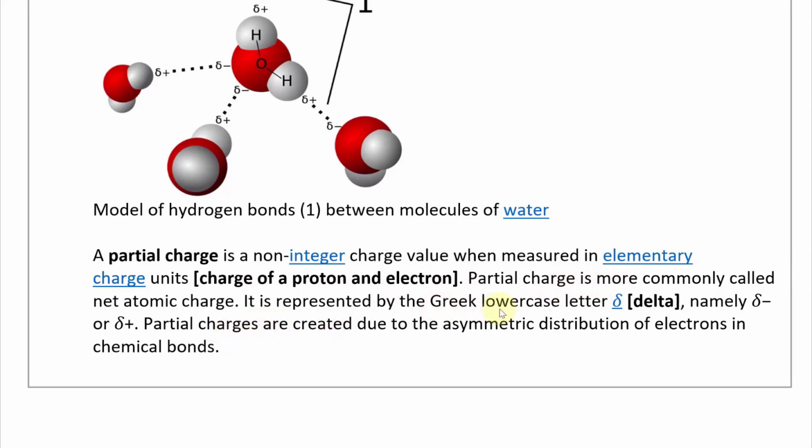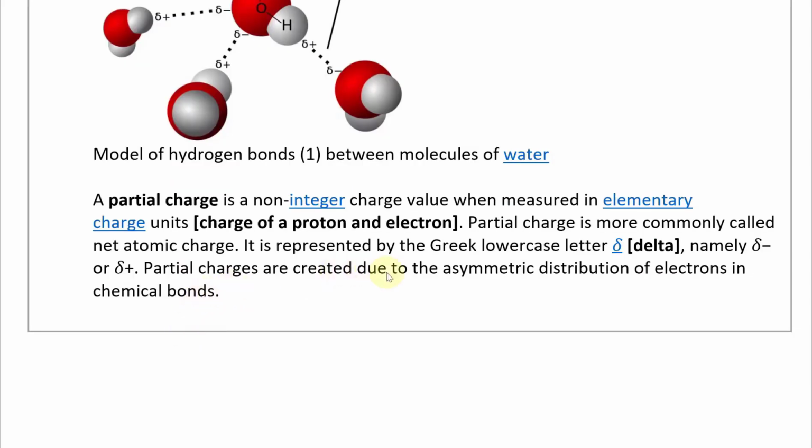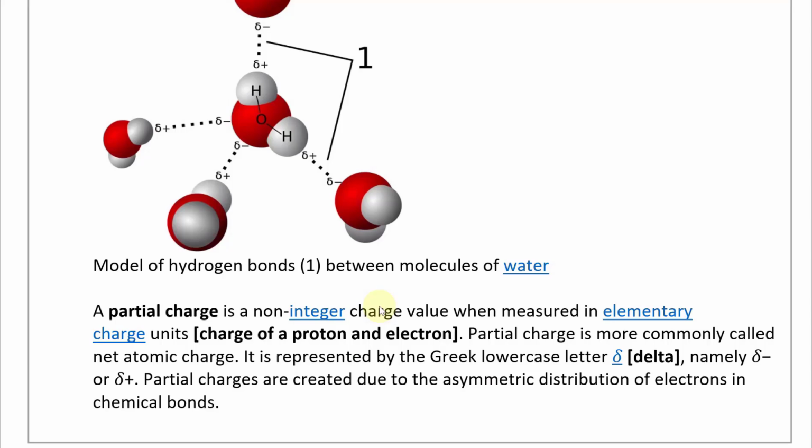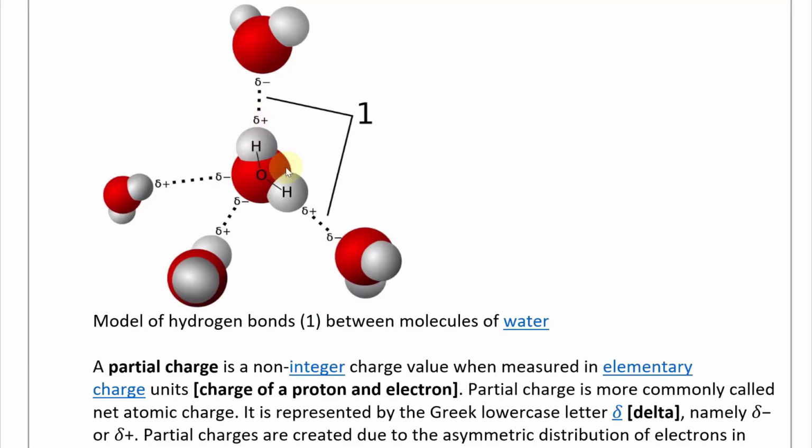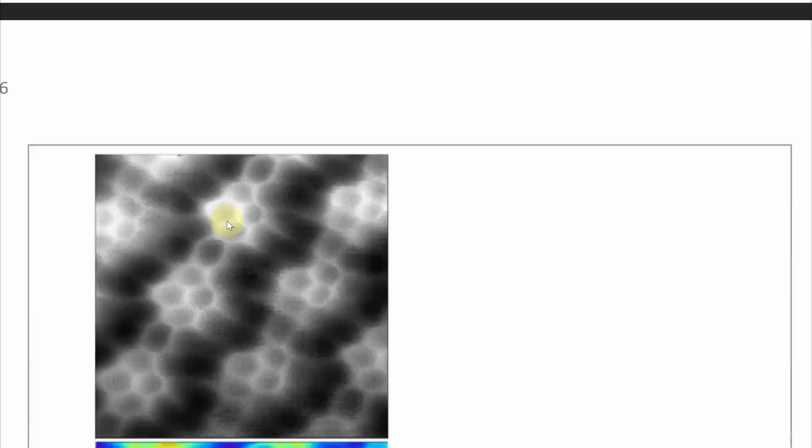It is represented by the Greek lowercase letter delta, namely delta minus and delta plus. Partial charges are created due to the asymmetric distribution of electrons in chemical bonds, such as this right here. If you have a plus here and a plus here, and these are two negatives, but they're distributed asymmetrically, so you have a plus side more on this side, and this oxygen atom has more negative on this side over here. Very interesting stuff here.